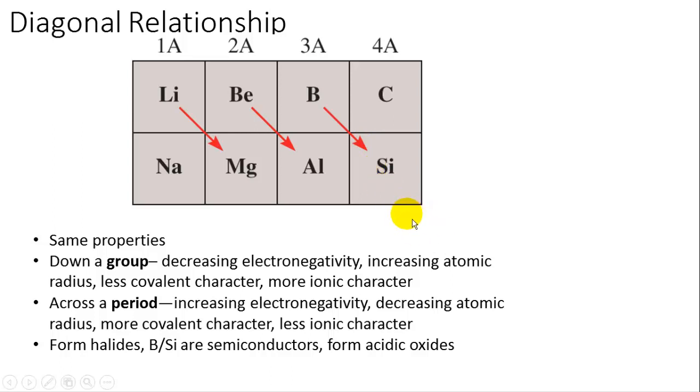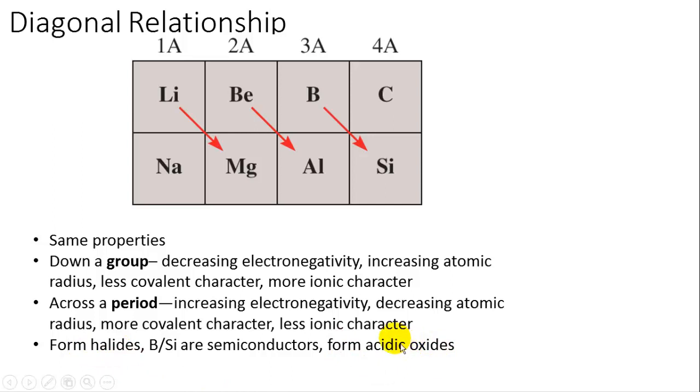They are both metalloids, which means that they have properties of both metals and nonmetals. If you look at lithium in 1A and diagonal to that, magnesium in 2A, and beryllium in 2A and diagonal to that, aluminum in 3A, they also have a lot of the same properties. For example, they react with halogens and they form acidic oxides.